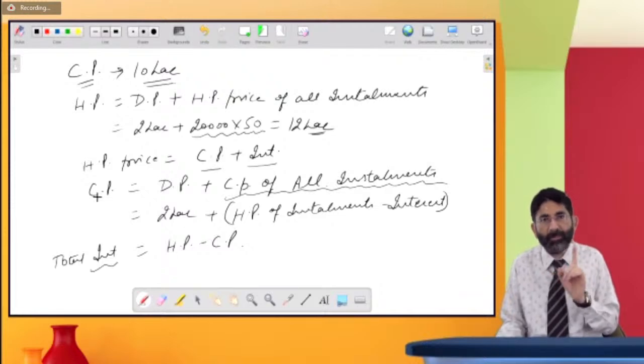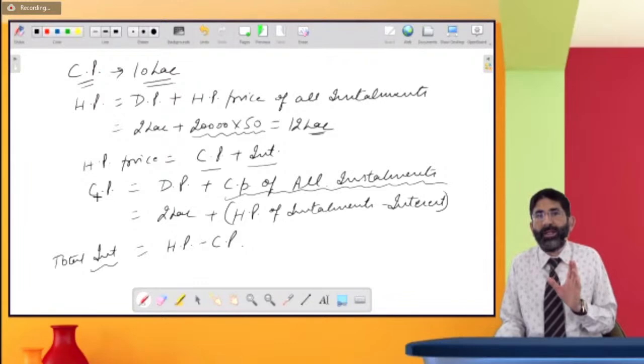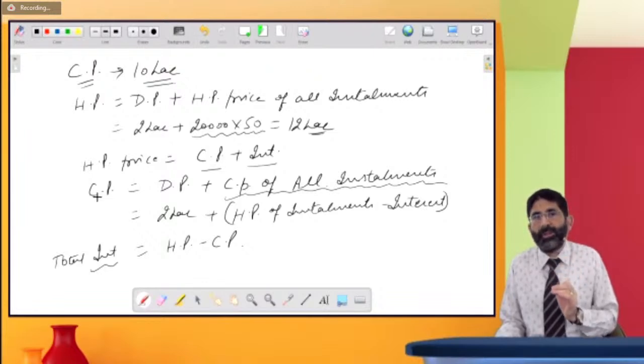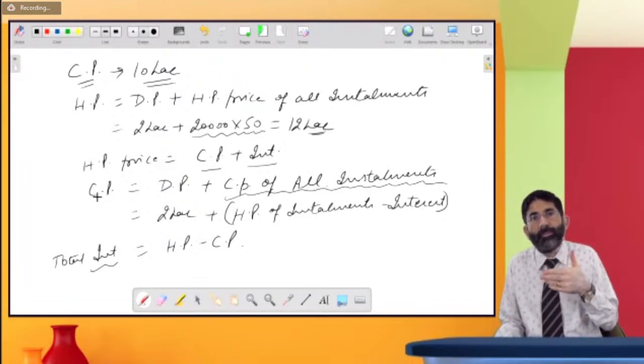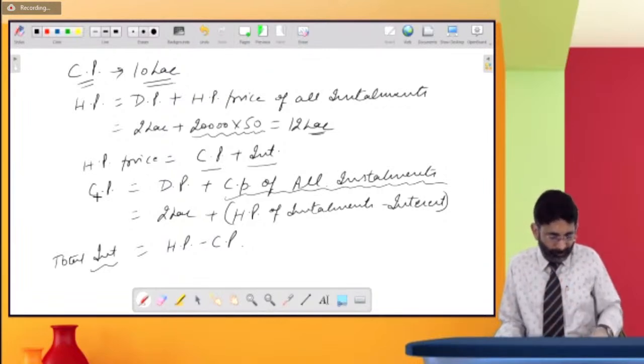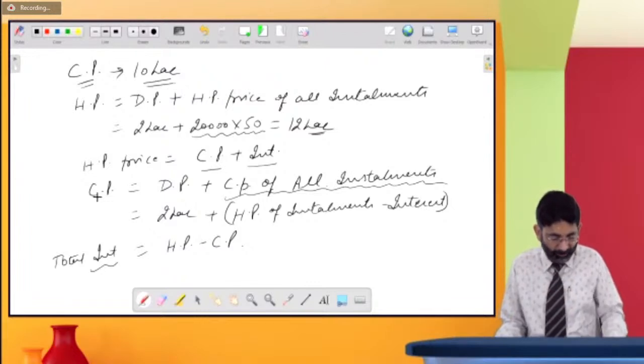Cash price doesn't mean cost price to the vendor. Cash price means the selling price of the vendor if payment is received in one go. So cash price also includes the profit. And in case payment is made in installments, then obviously he will get more amount. He will get extra amount that is called interest, that will also become part of his earnings, that will also become part of his profit beta. So he will have double profit in that case.